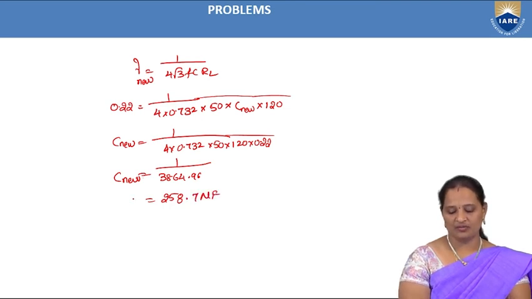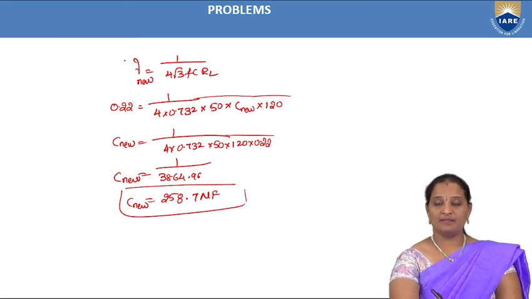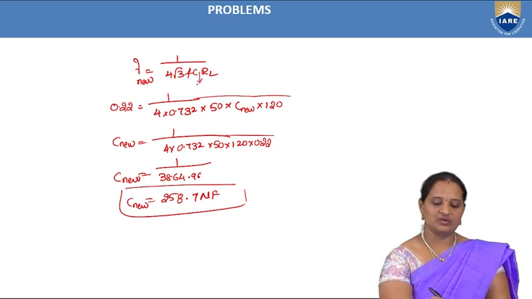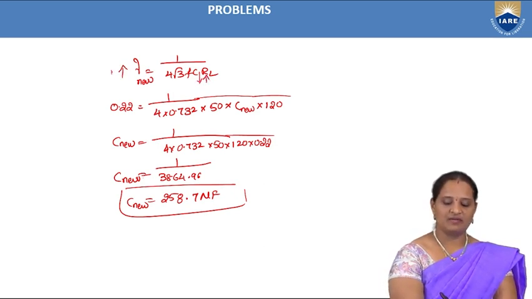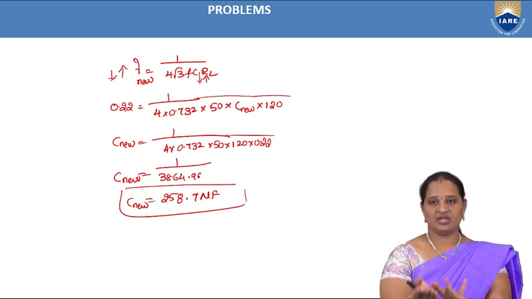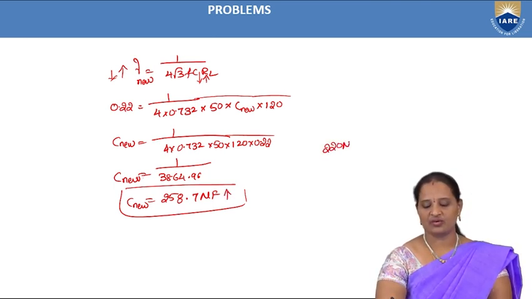you will be getting it as 258.7 microfarad. So, as we can observe, ripple factor and capacitance are inversely proportional. If capacitance reduces, ripple factor increases. If capacitance increases, ripple factor decreases. So here what we have done, we have reduced the ripple factor so that the capacitance got increased. Initially it was 220 microfarad.